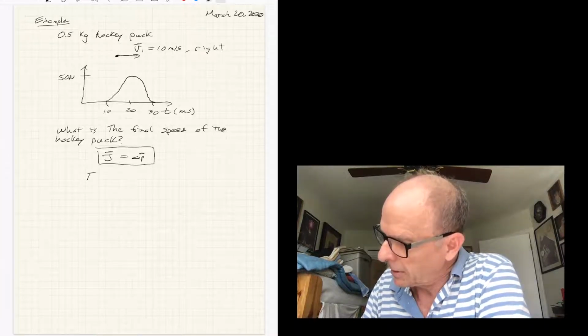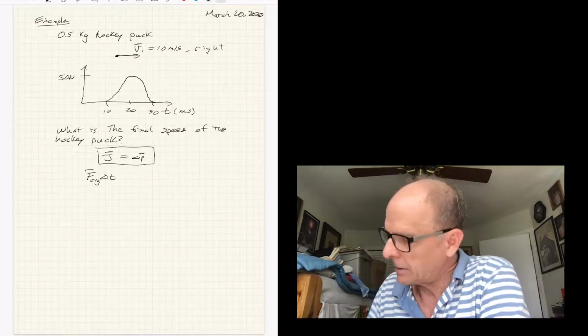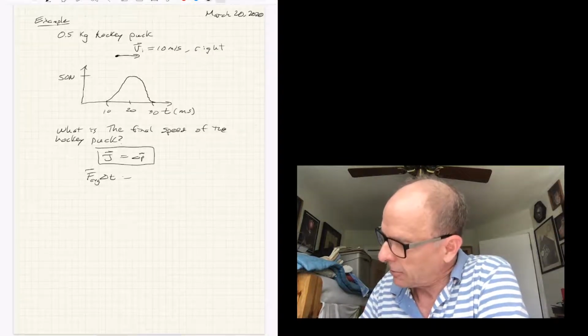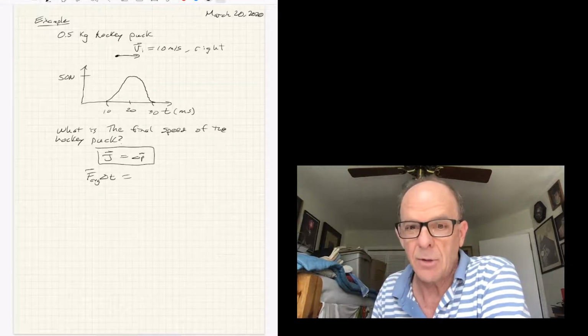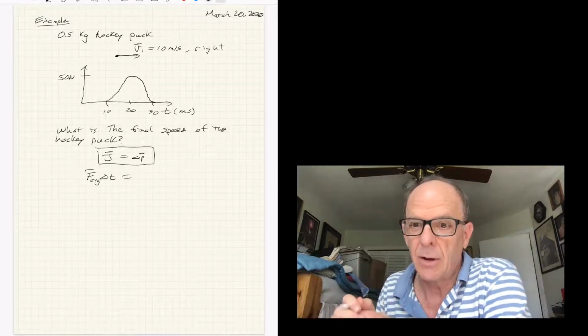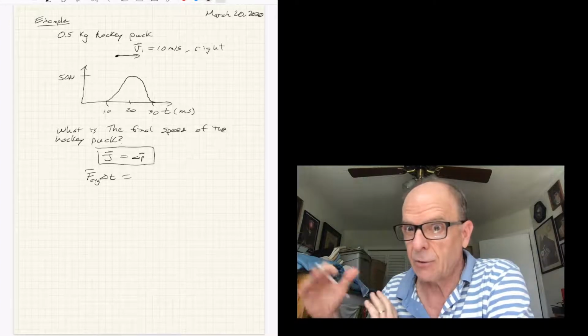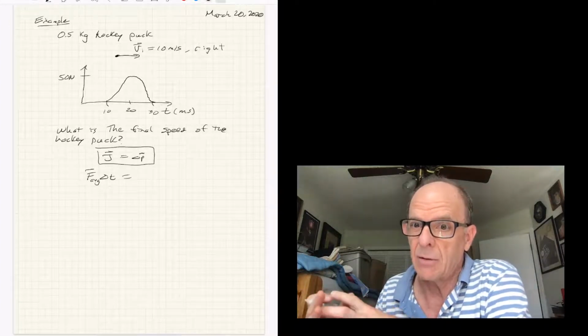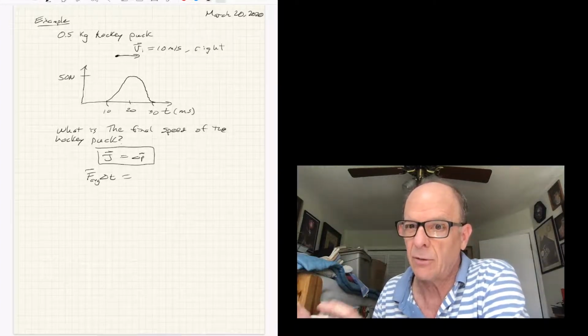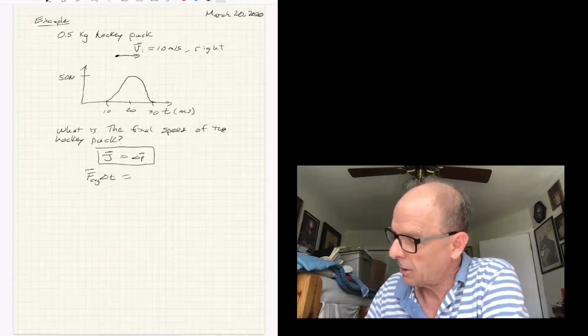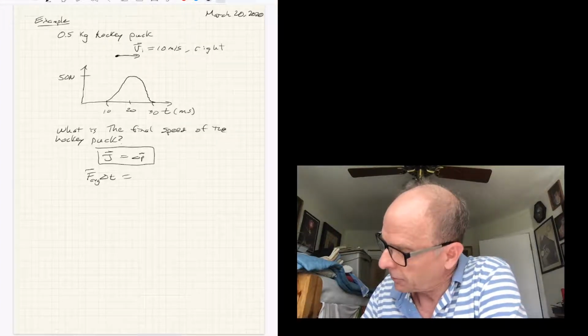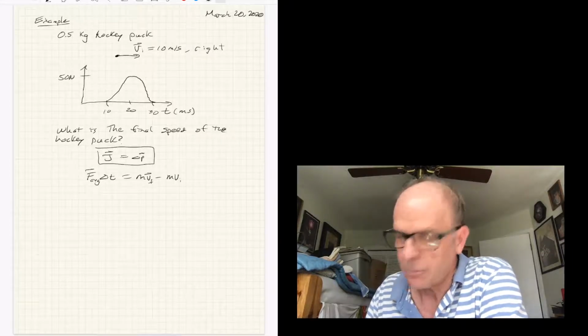So what is impulse? It is an average force times the time period that force is acting. And the change in momentum, I've just got one object in this particular case. I could have a problem where there's 50 things flying around and I have to add up the momentum of all of those things. In this case, I just have to look at the momentum of the hockey puck. So the change in momentum is mv final minus mv initial.